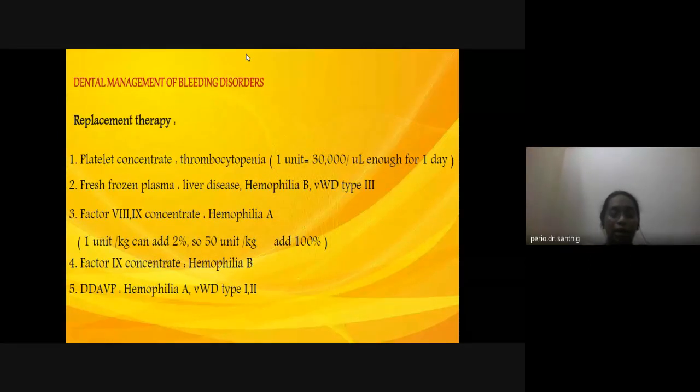Factor 8 concentrate you have to give in hemophilia A patients, factor 9 concentrate in hemophilia B patients, and DDAVP in hemophilia A and von Willebrand type 1 and 2 patients. Next, antifibrinolytic therapy: epsilon-aminocaproic acid you can give, tranexamic acid you can give.